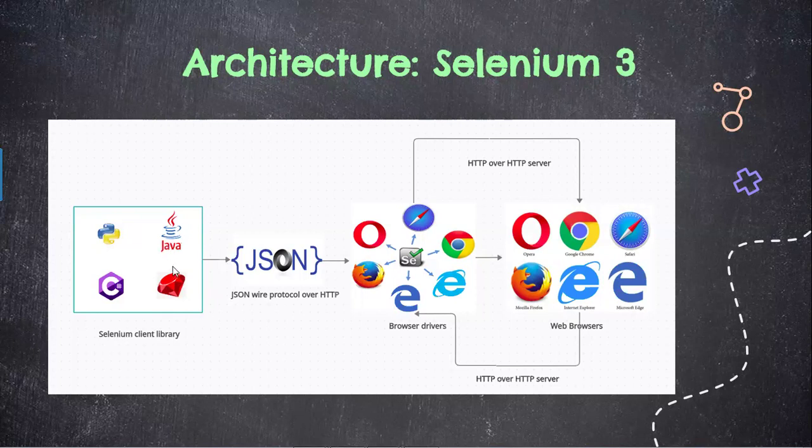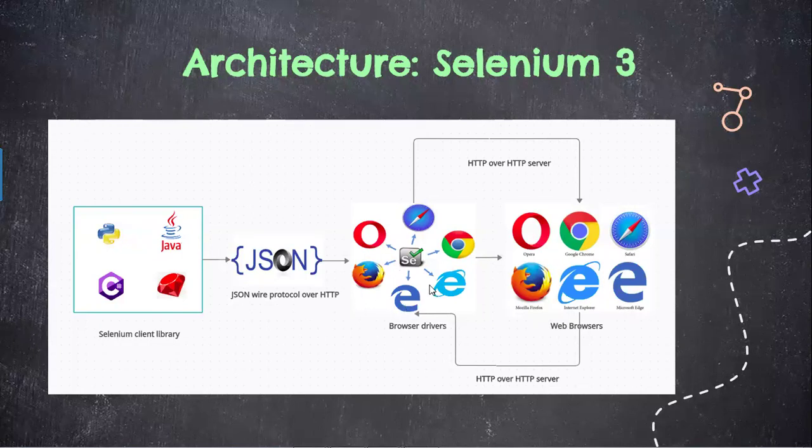By these client libraries, how are we communicating with the web drivers? By using the JSON wire protocol over HTTP. What is HTTP? You know, right? Through any web application, how we are communicating with the web browsers, through HTTP. Initially in Selenium 3, we communicate with the browsers by using the JSON wire protocol.